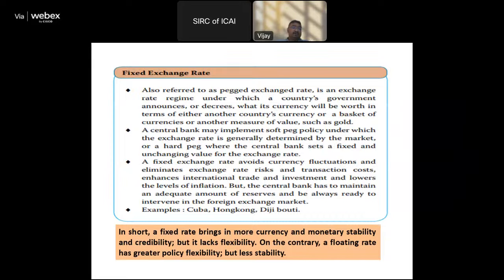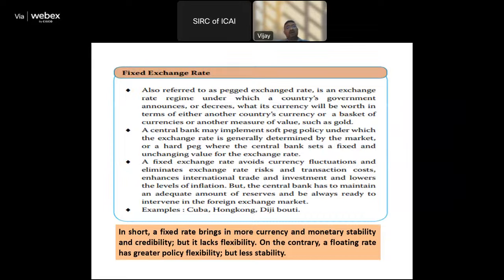When demand for dollar is greater than supply of dollar, whenever the demand increases, the price of the dollar increases. When the price of the dollar increases, the value of the rupee will fall. For example, $1 is equal to 75 rupees, which increases to 80 rupees.